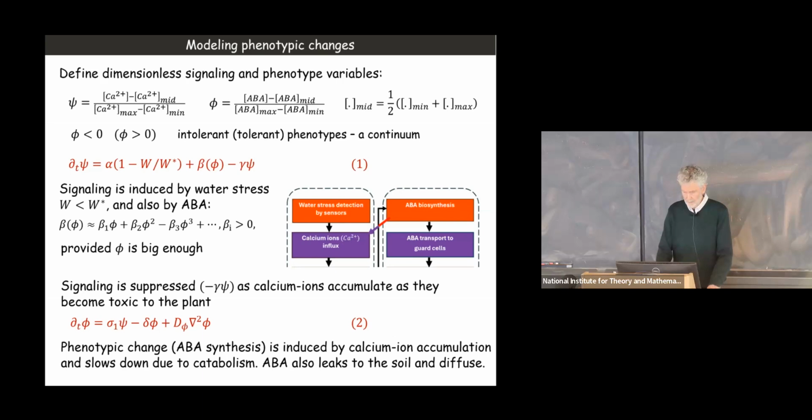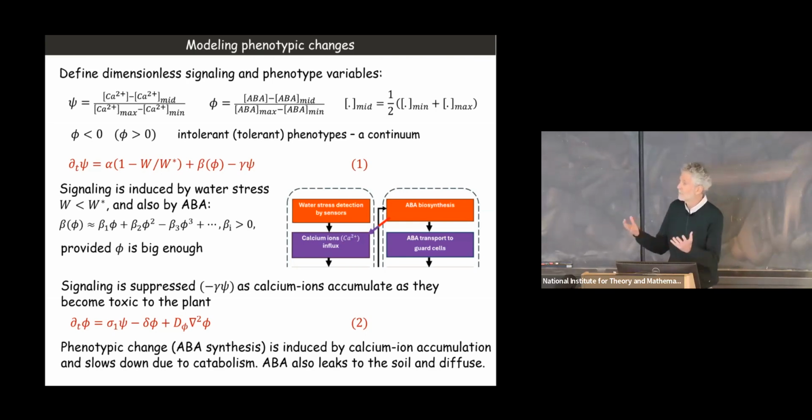So there is a process that leads to their decay. For the phenotypic change, well, it's triggered by the calcium ions. The ABA synthesis is triggered by calcium ion. This is the first term. It's being reduced by catabolism, the breakup of ABA molecules when their concentration increases.